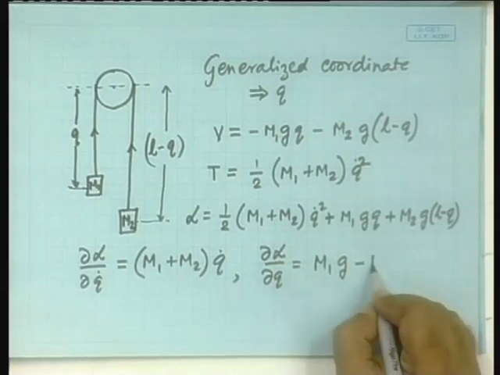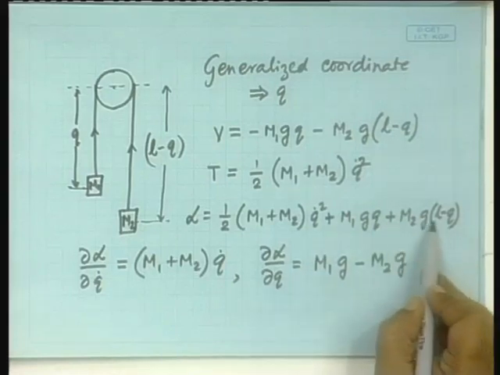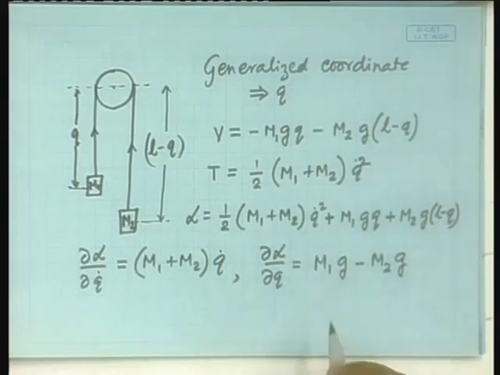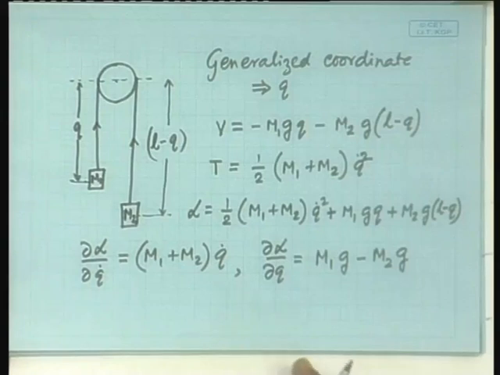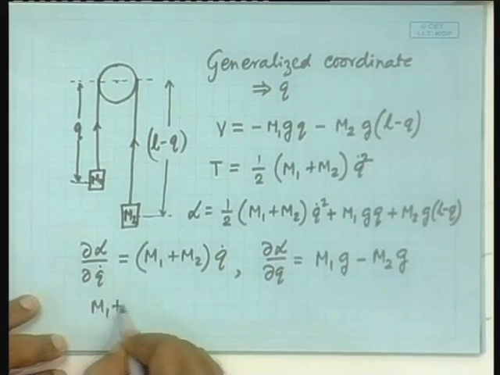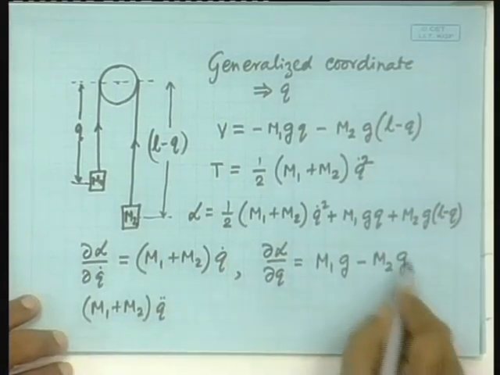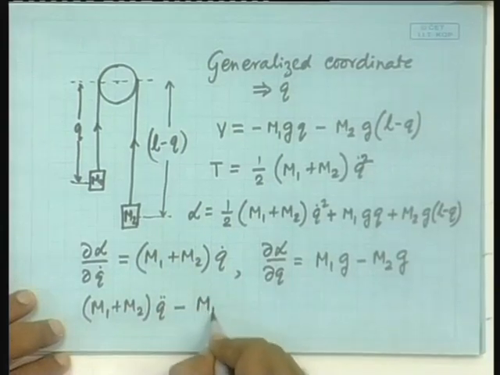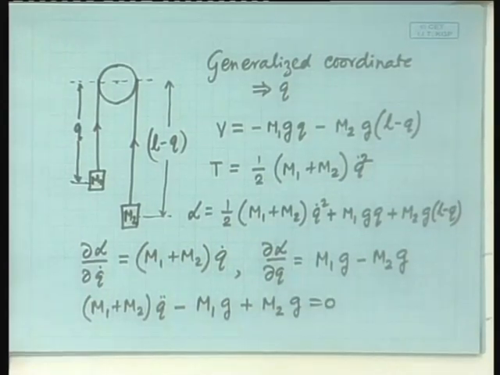So, minus M2 g, right. So, these are two parts, one the fixed part, another the variable part, that is what remains. So, ultimately, since we have space here, we can write the derivative of this with respect to time, (M1 plus M2) q double dot, minus this. So, minus (M1 g plus M2 g), right, that is the equation.